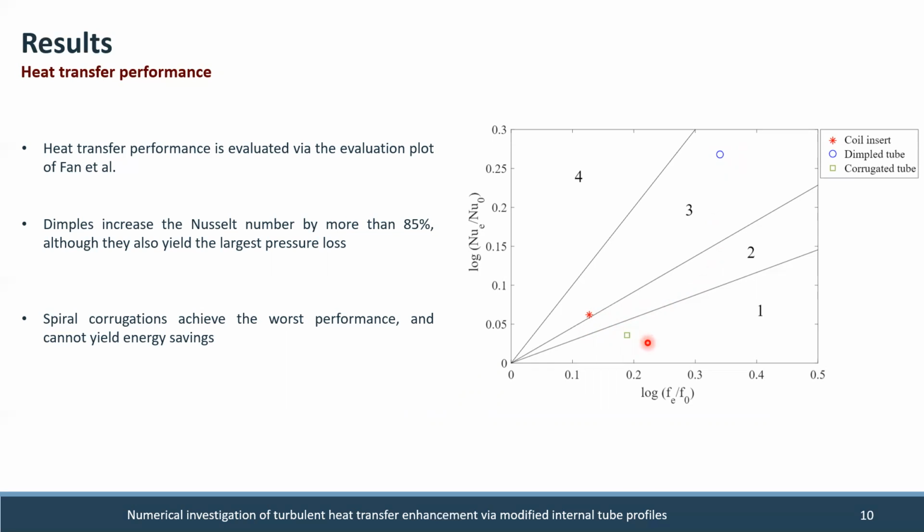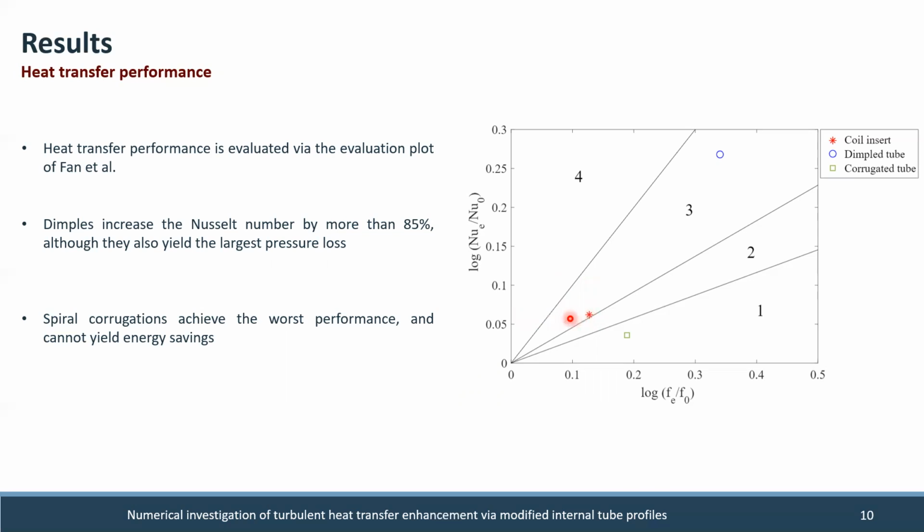The coil improves heat transfer, although the pressure loss caused by it is also considerable, as you can see here. The heat transfer performance is within the lower region 3, verifying that this method is fairly energy saving for our Reynolds number. You can see that the heat transfer enhancement is not very considerable.